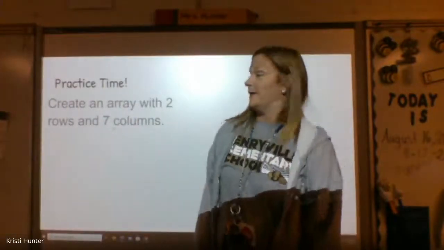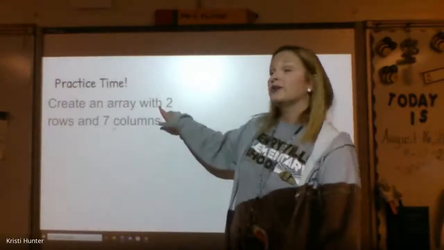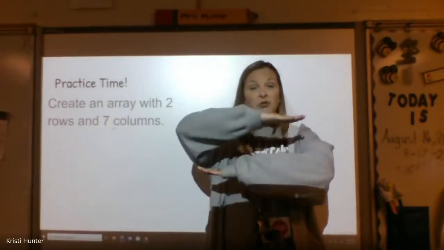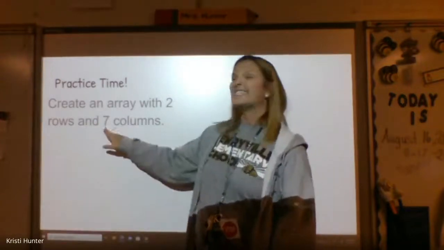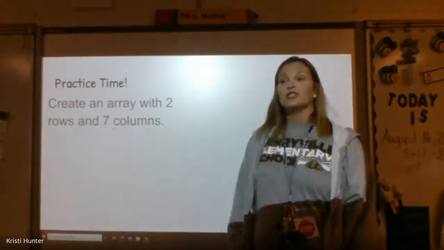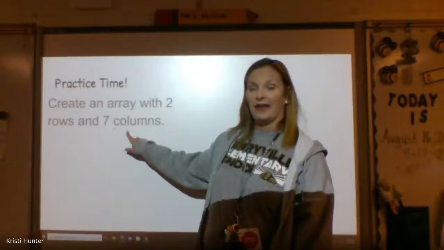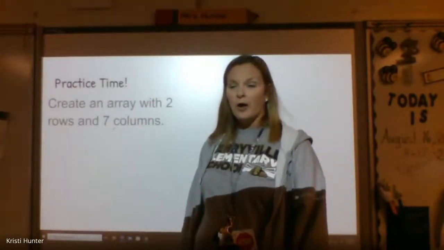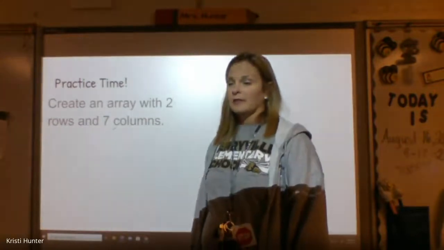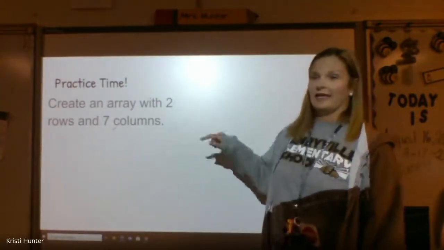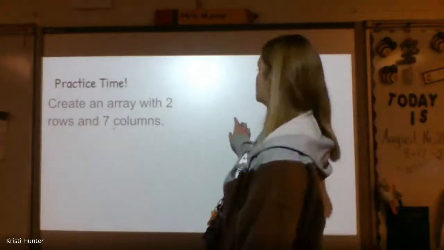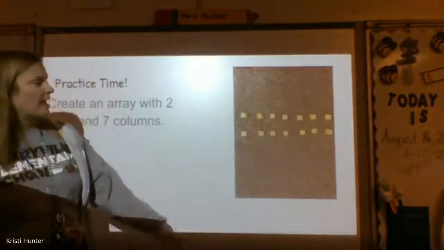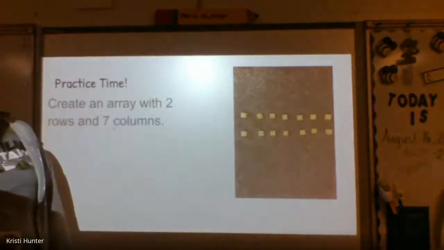Let's try this one. Create an array with 2 rows. So only 2 rows, but it says 7 columns. So that means we need 7 in each row. So 2 rows and 7 in each of those rows. So I have an array of dice here.